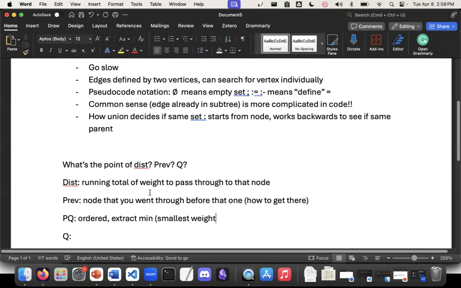Yeah, so remember when we talked about it on an intuitive level, there's this idea of we've got unvisited vertices. And as we go through the graph, we want to make sure to visit every vertex. And so as we go, we need to choose which vertex to visit next.